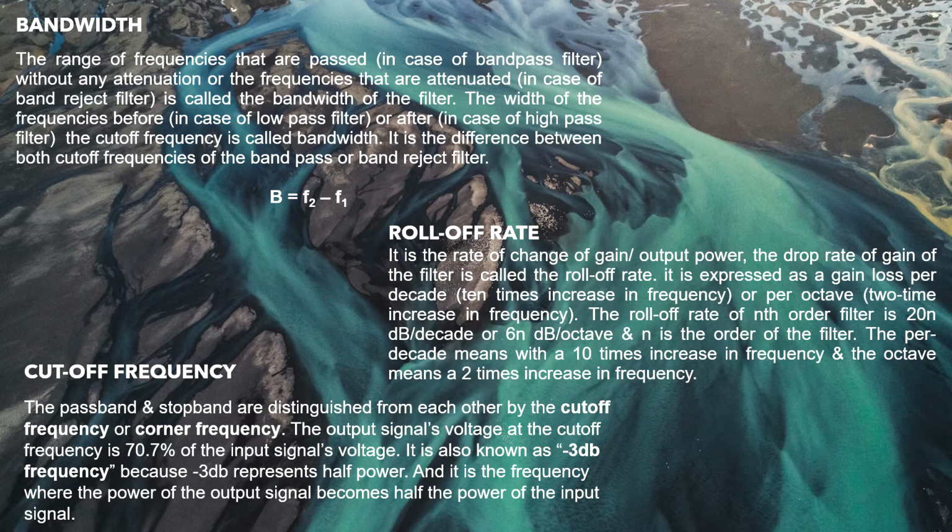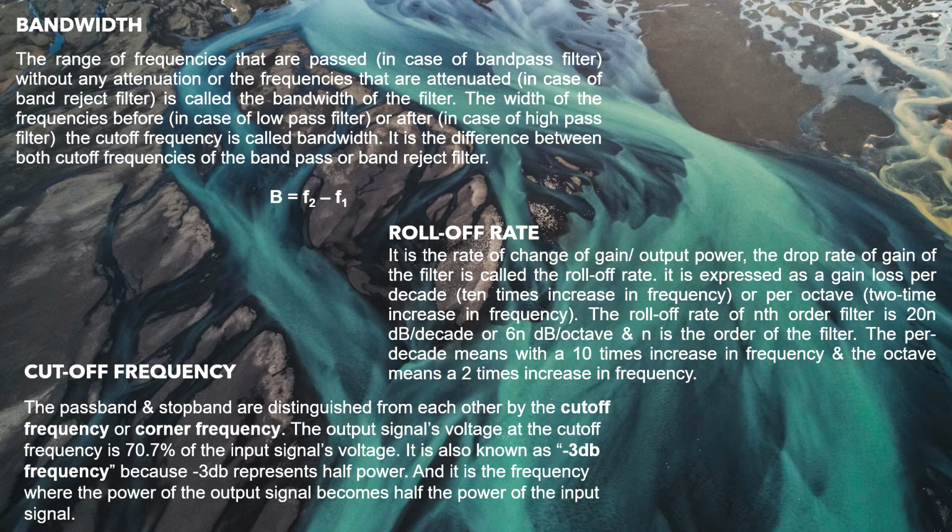Fourth is roll-off rate. It is the rate of change of gain or output power. The drop rate of gain of the filter is called the roll-off rate. It is expressed as a gain loss per decade or per octave.